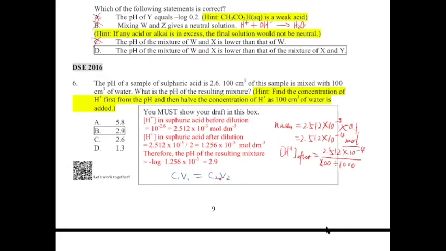So in this case, if we want to work out C2, it would become C1V1 over V2. C1 is here, V1 is 0.1, and V2 would be 0.2, 100 plus 100.